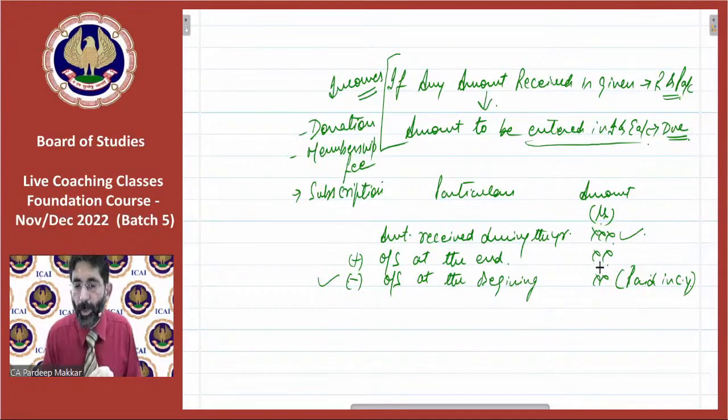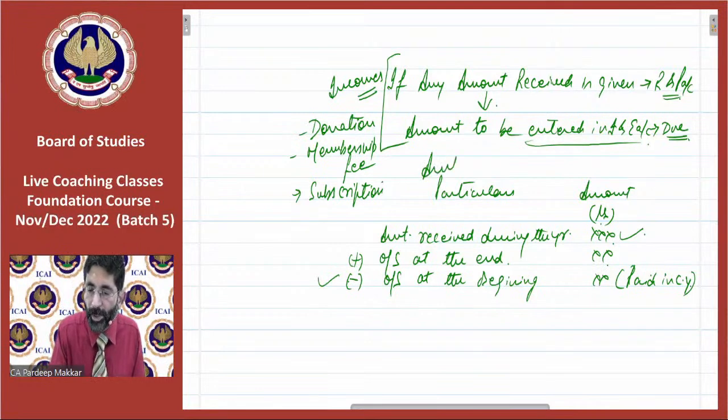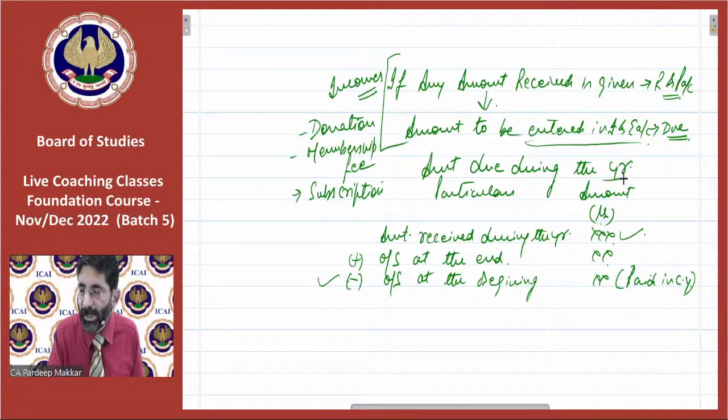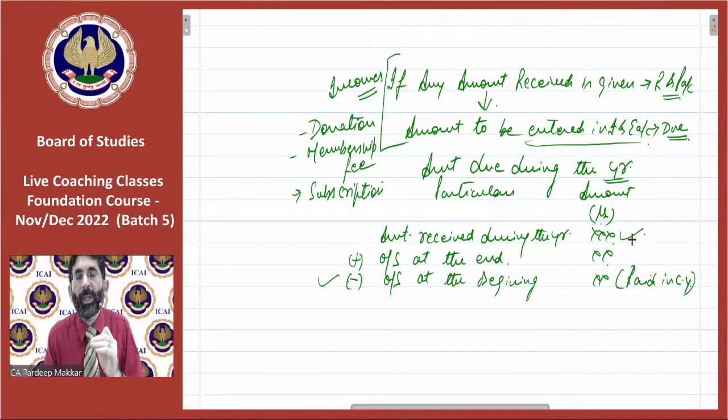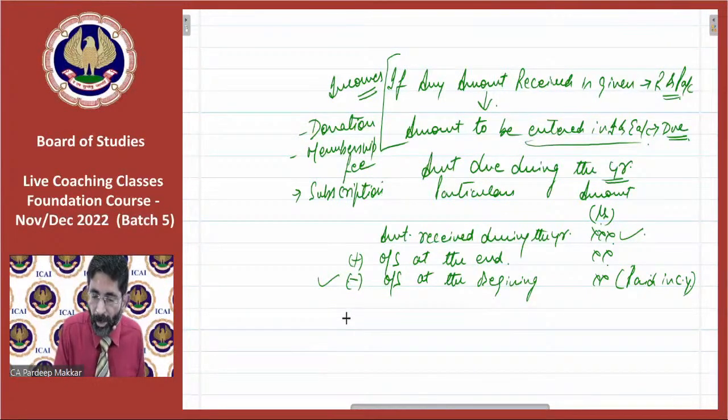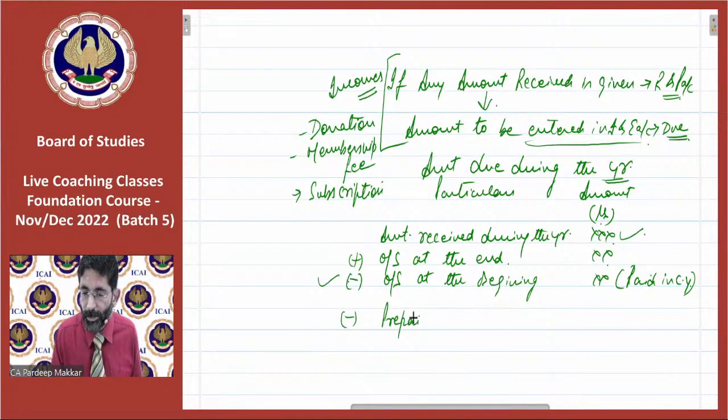The income and expenditure account needs only the amount due during the year. It doesn't need any amount which is due in the last year and paid in the current year. So due to that reason, outstanding at the beginning will be deducted.